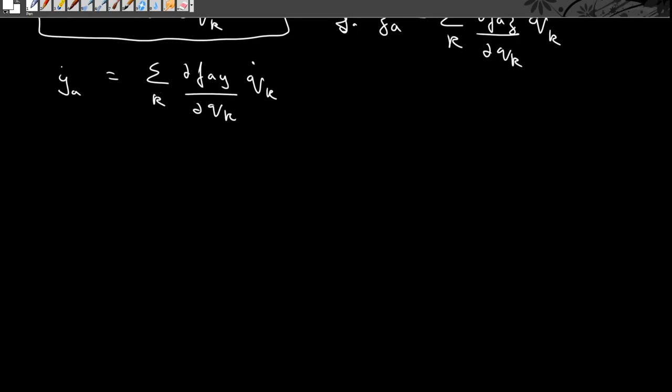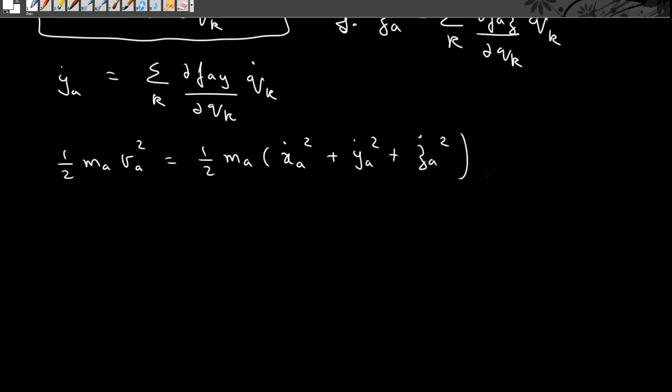Fine. Then how can we represent half m_a v_a squared? This will clearly be half m_a times x_a dot squared plus y_a dot squared plus z_a dot squared.